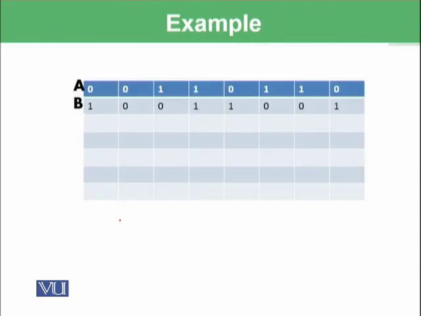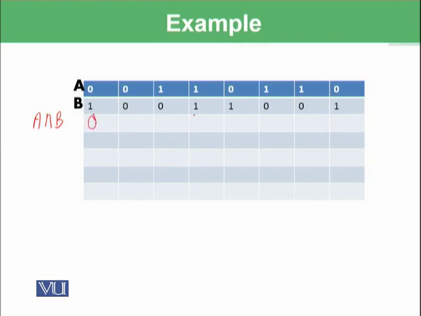So let's try to solve an example. Suppose I have listed A as 0 0 1 1 0 1 1 0 and B as 1 0 0 1 1 0 0 1. If I want to find A AND B, you know 0 1 would mean 0.